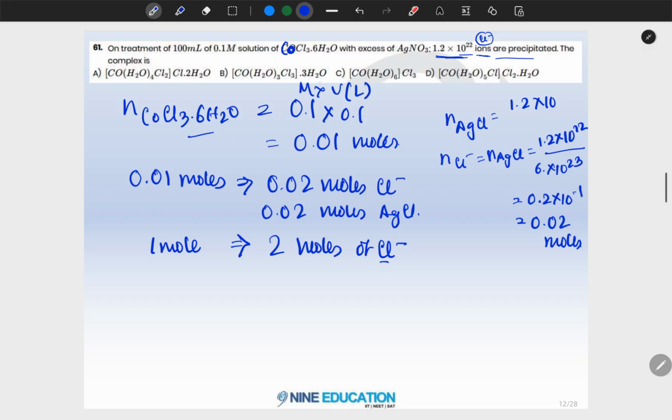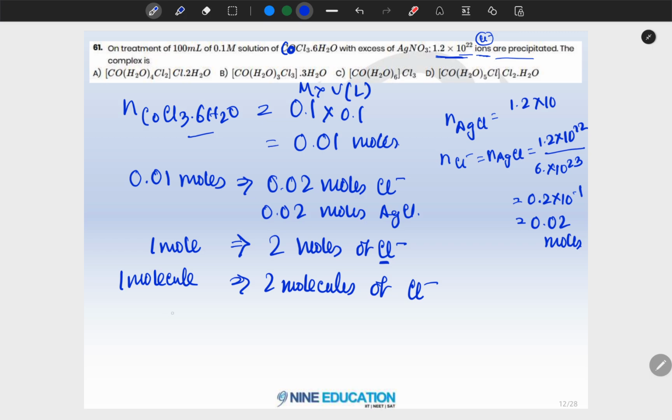So 2 chloride ions must be present for every 1 mole of complex. 2 moles of Cl minus must be present in the ionization sphere, or for 1 molecule of the complex, 2 molecules of Cl minus must be present in the ionization sphere, right?